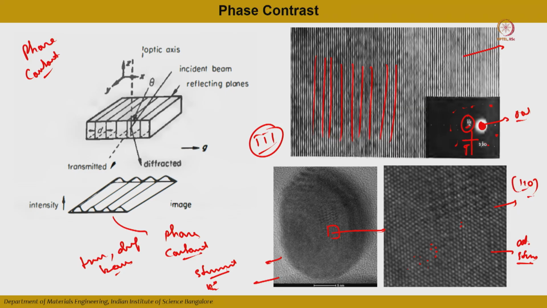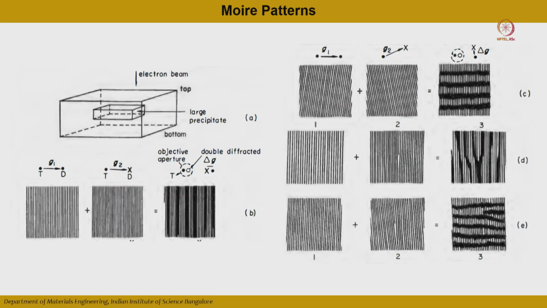Fine. Based on the 2 beam conditions, it is possible that you have a sample with a precipitate inside which has a different d spacing or orientation, and your matrix has a different d spacing. If you go for high resolution imaging, when an electron beam falls, the diffraction from your matrix and the diffraction from the precipitate will generate diffraction intensities at different G values.